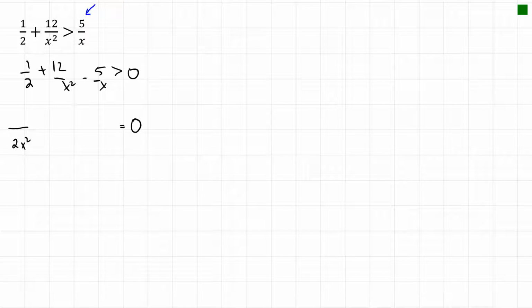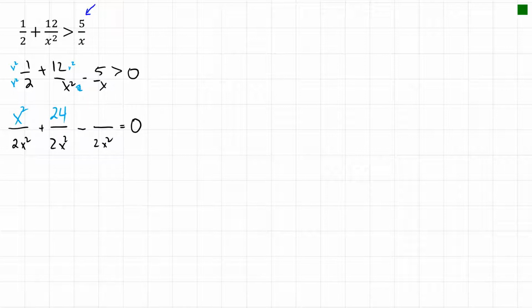So my common denominator is 2x squared. And I take a look at each fraction to see how I need to adjust. This one needs to be multiplied by x squared over x squared. The second one needs to be just multiplied by a 2. So that's 24.